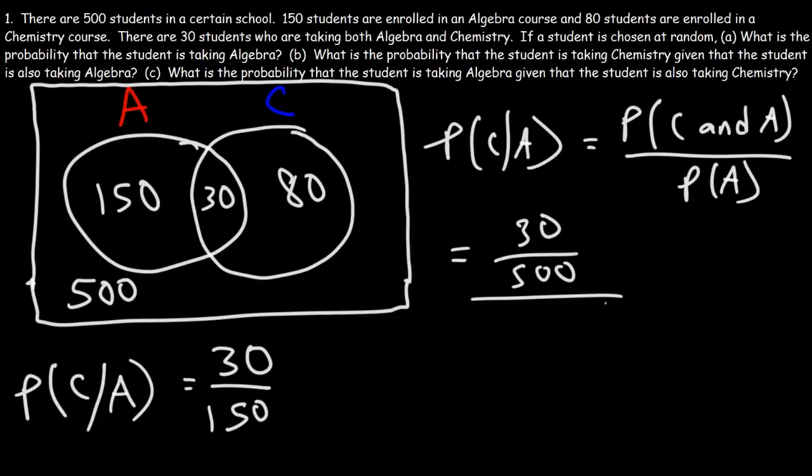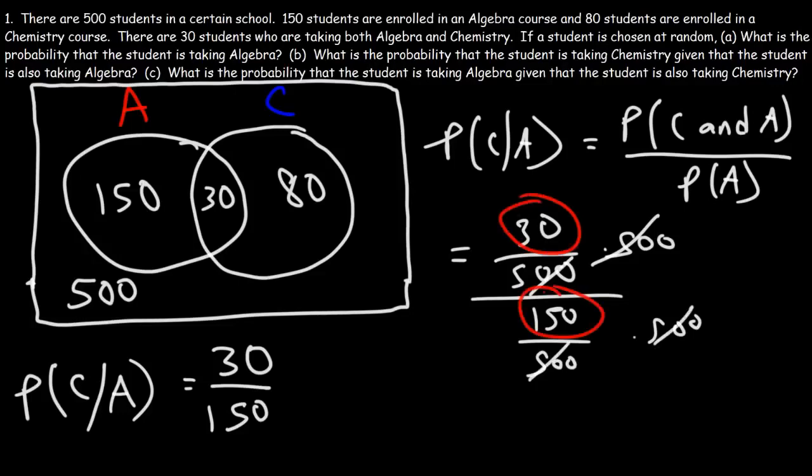The probability of a student taking algebra, that is the probability of A, is 150 out of 500, which we calculated earlier. And so multiplying the top and the bottom by 500, you can see we're going to get the same answer. It's going to be 30 over 150.